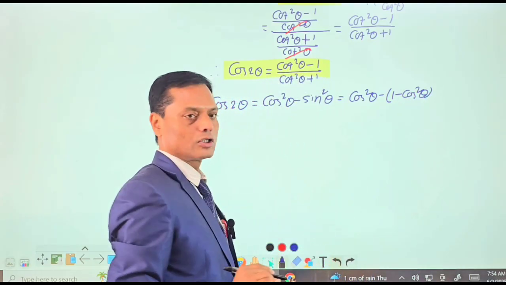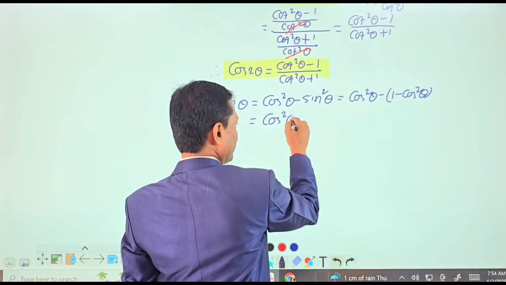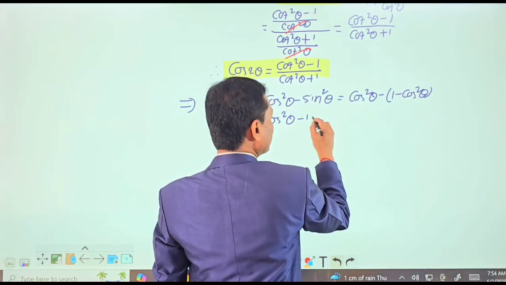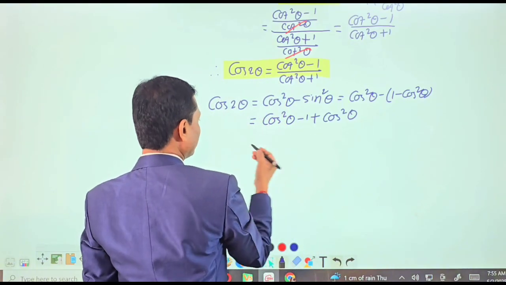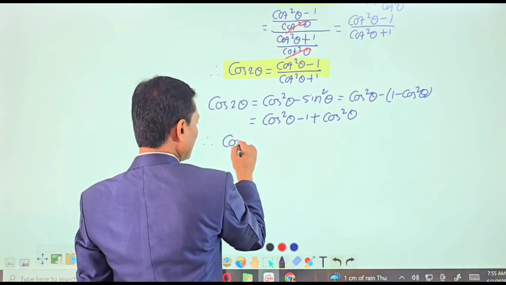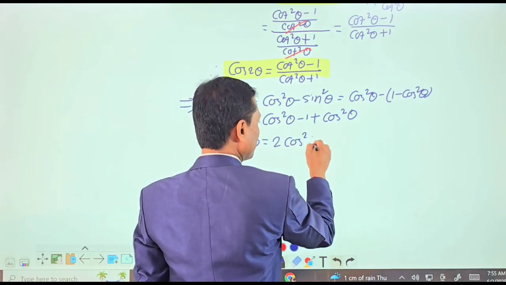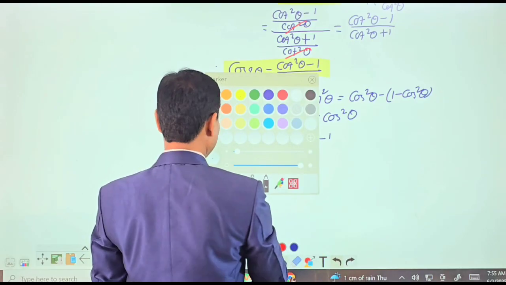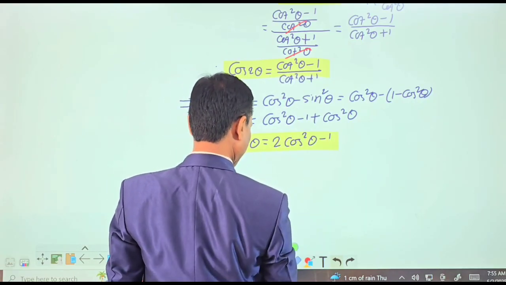Because sin square theta equals 1 minus cos square theta. After that we have cos square theta minus 1, and minus minus plus, that is cos square theta, isn't it? So this becomes 2 cos square theta. So cos 2 theta equals 2 cos square theta minus 1, right? So we have another formula of cos 2 theta here.